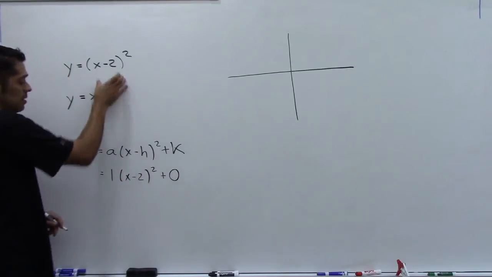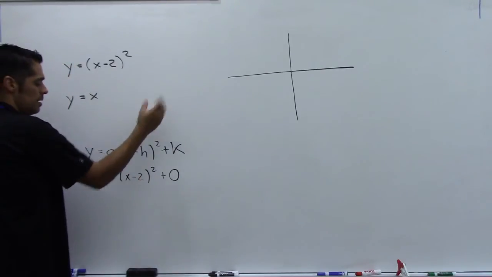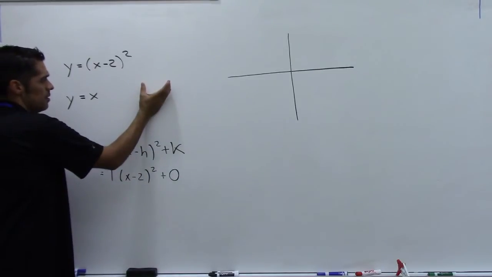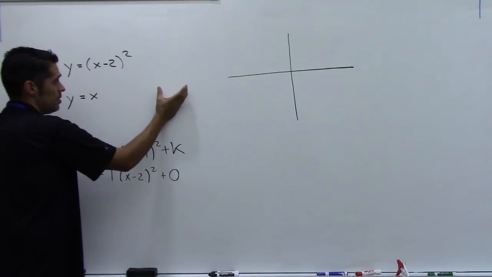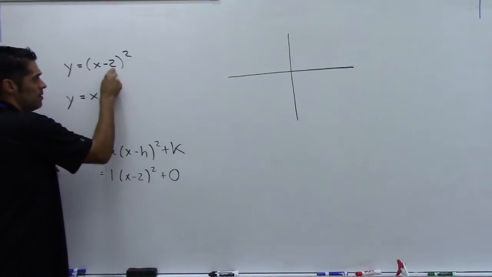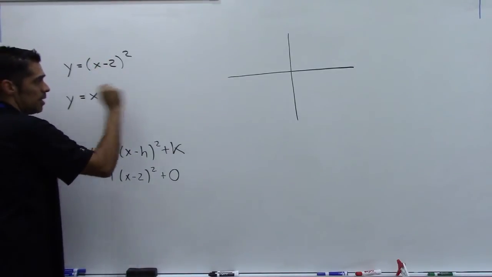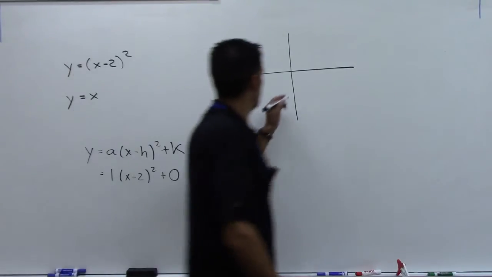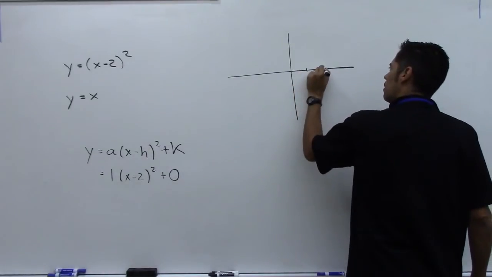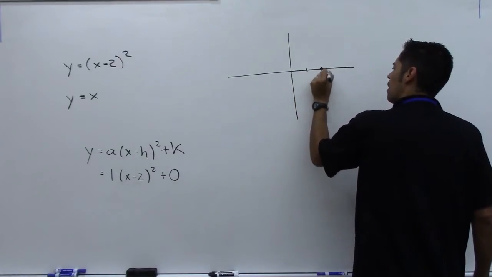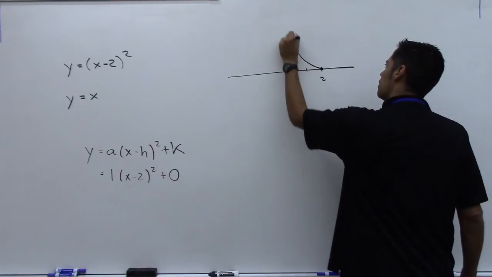And so this is just a parabola that's been shifted so that the vertex is at positive 2. You can check it. If you plug positive 2 in here, you get 0. So when we go out to 2, we get 0. And then it opens up like this.